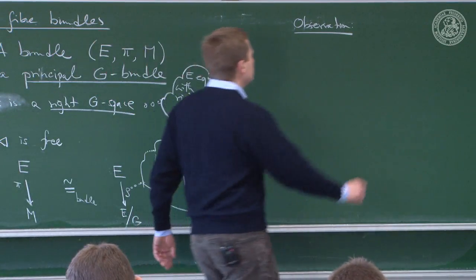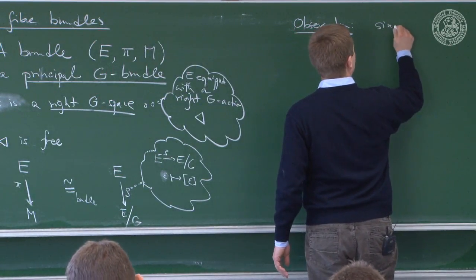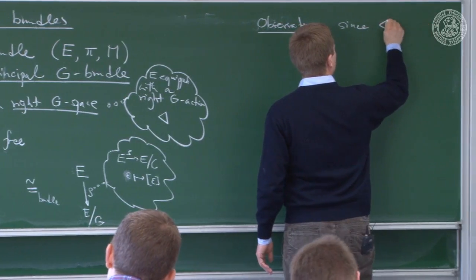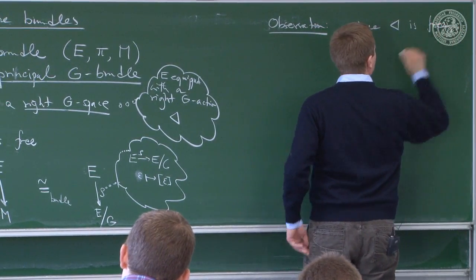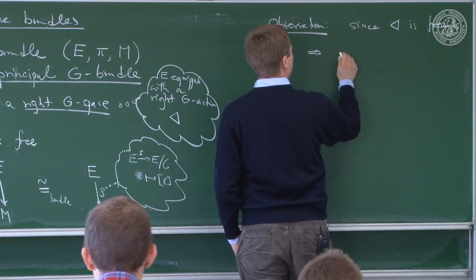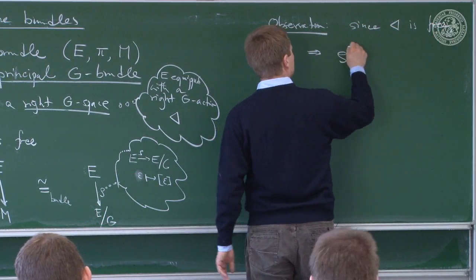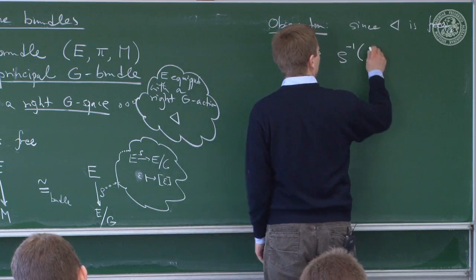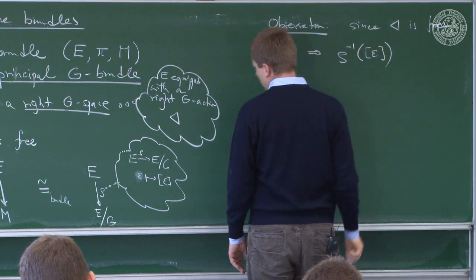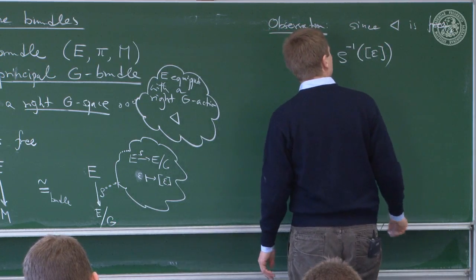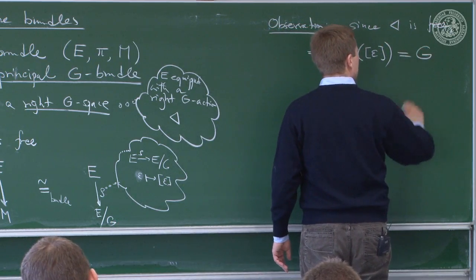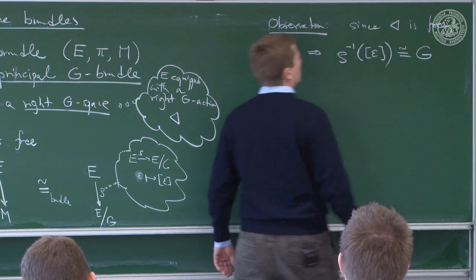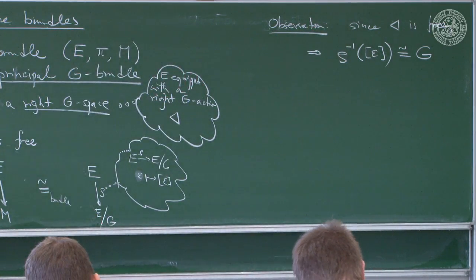So an observation is, since the right action is free, it follows that the fibers of this bundle, so the rho inverse of the equivalence class of epsilon, I don't want to invent yet another symbol, is diffeomorphic to the Lie group.